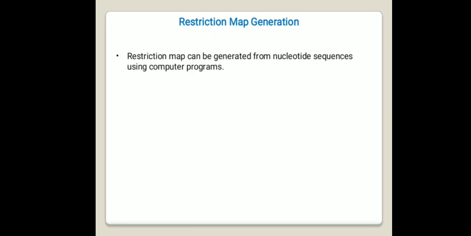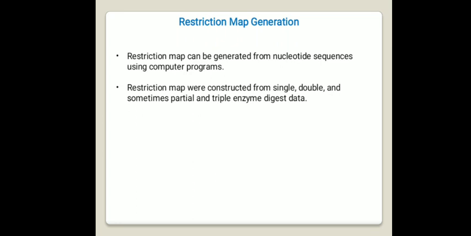However, genetic engineers often construct a restriction endonuclease map from single, double, and sometimes partial and triple enzyme digest data prior to the availability of complete sequence data. This determination is normally combinatorial, and in all but the simplest of cases, there are millions of possible maps that must be considered to ensure that the best map has been chosen.